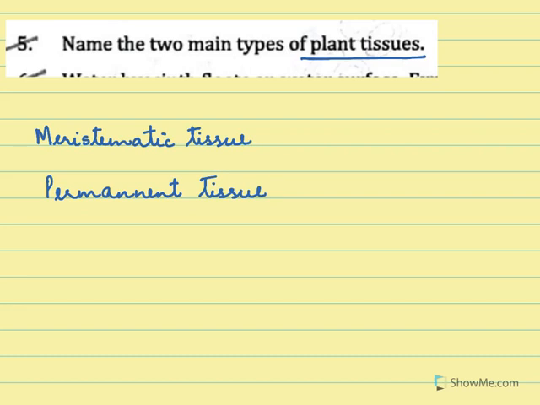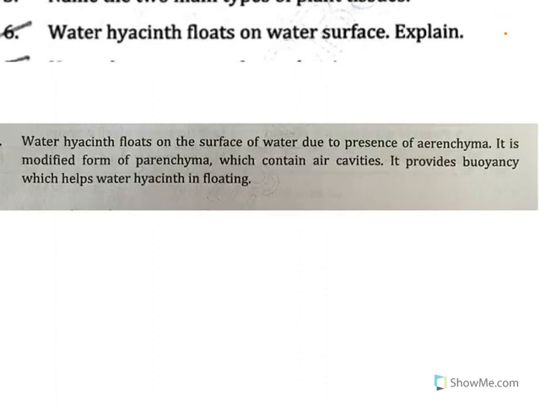These are the two types of plant tissues. Water hyacinth floats on the water surface. Explain. The water hyacinth floats on the surface of the water due to the presence of parenchyma. It is a modified parenchyma which contains air cavities. This provides buoyancy and helps the water hyacinth to float.